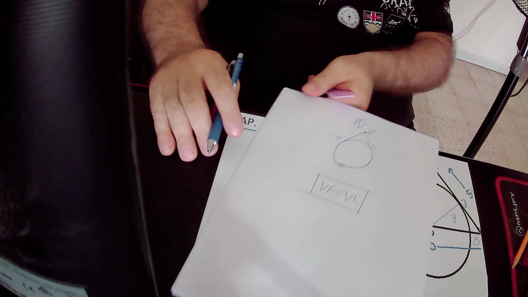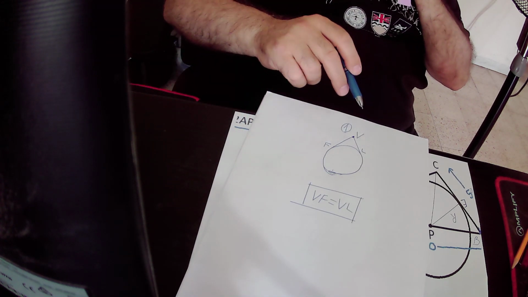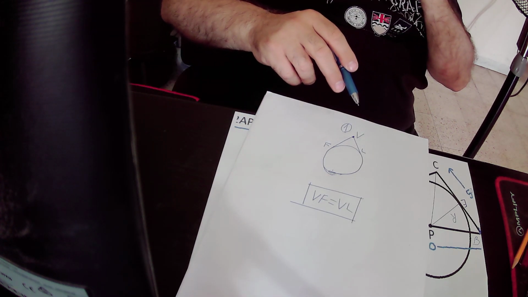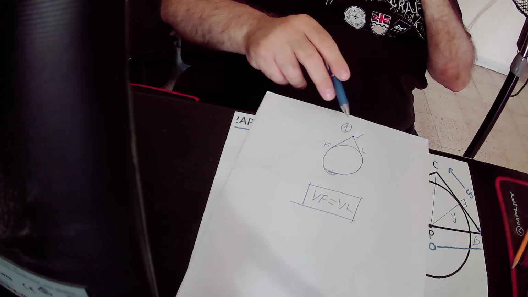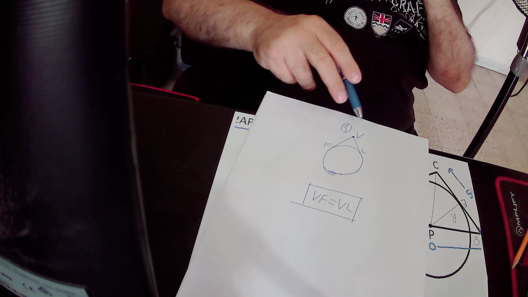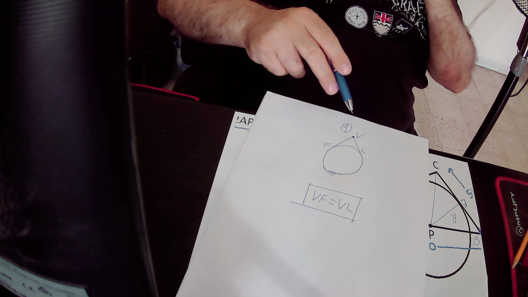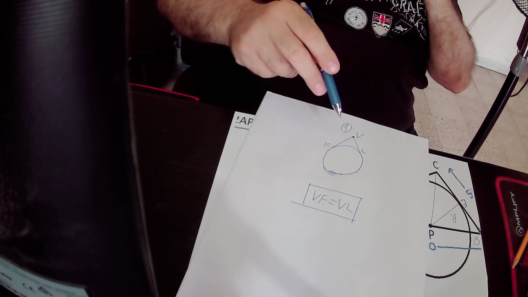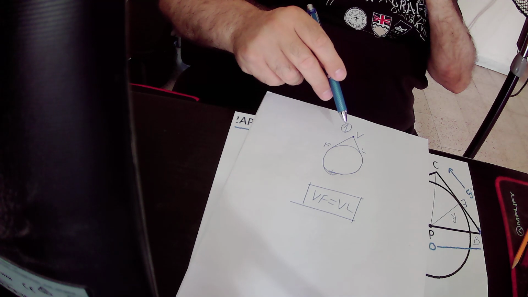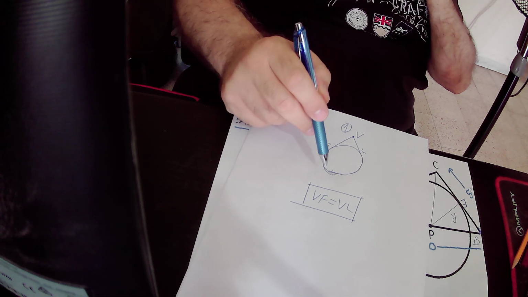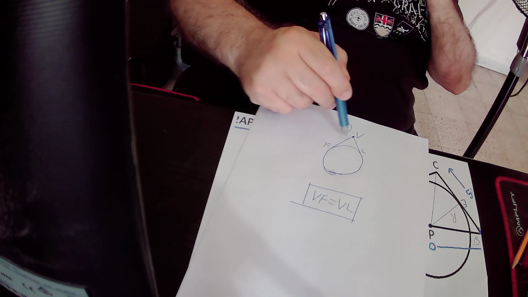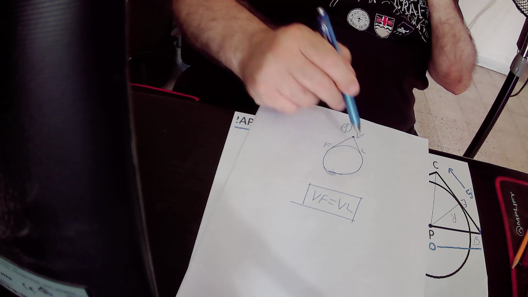So in this circle we draw from an external point two tangents, and those two tangents are equal to each other. So VF equals VL.